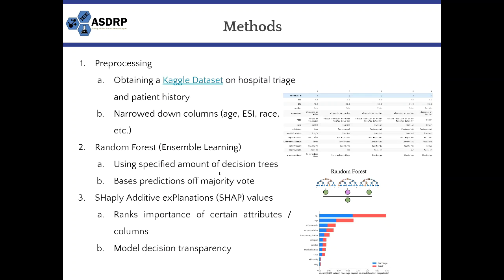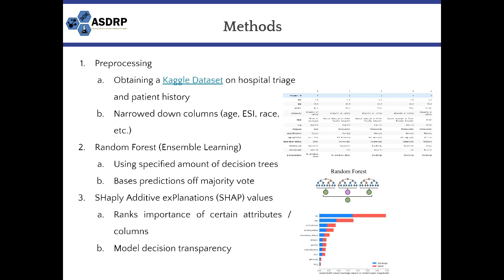Okay, I'll explain the methods that we took to actually conduct our research. So the first step was basically gathering the data and pre-processing our data. We obtained our data from a Kaggle dataset, and our Kaggle dataset contained a bunch of patients and a numerous amount of features associated with each patient.